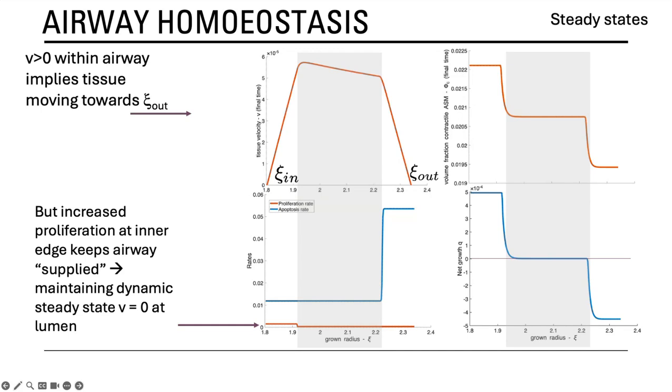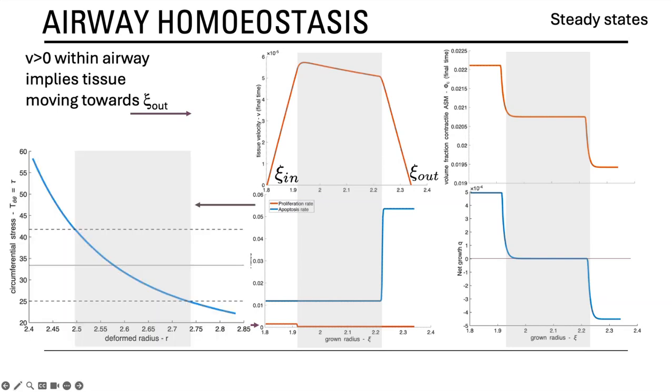And in getting to this steady state, we've effectively got the constituents to evolve in such a way that it actually settles to a steady state that gives rise to what we think of as a dynamic steady state or homeostatic steady state.